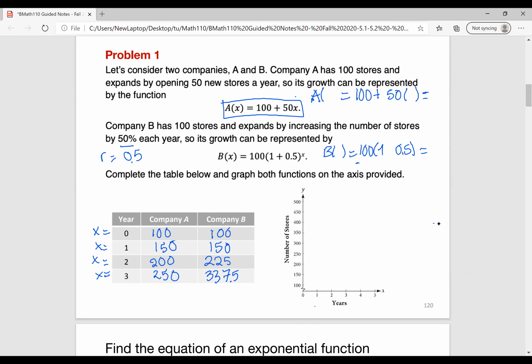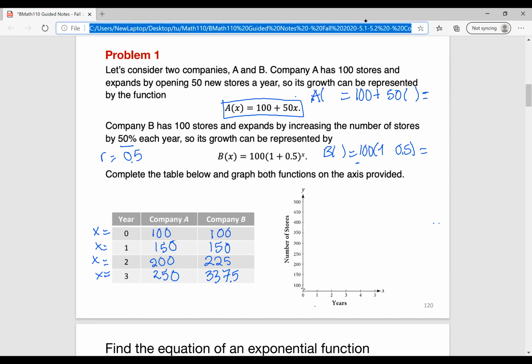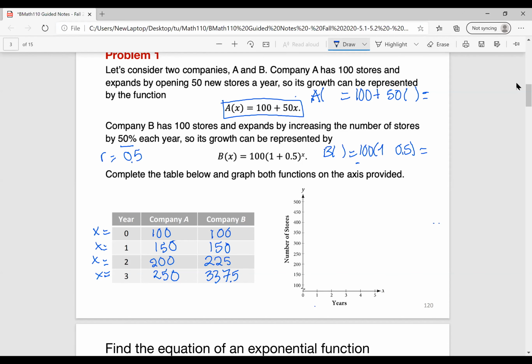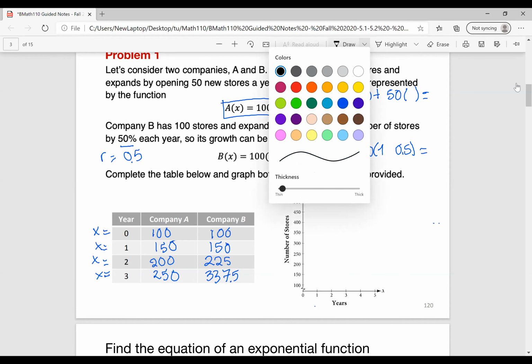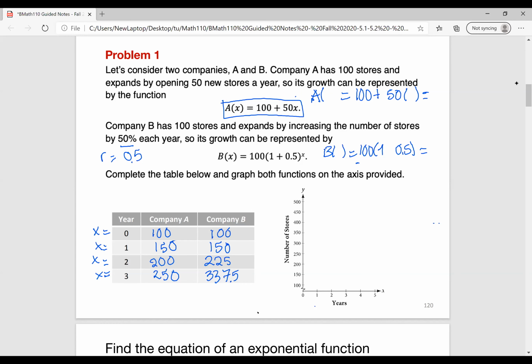So the blue one I'm going to use for company A. Maybe I change the color a little bit. Use black. Okay. So the first one is 0 and 100. So both start here.